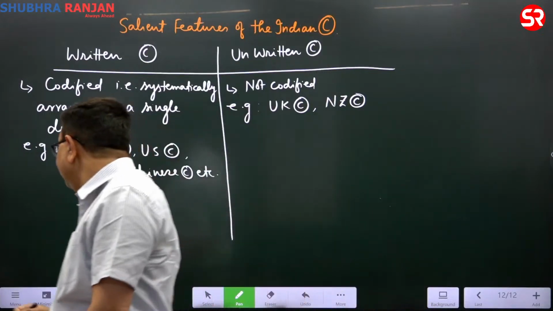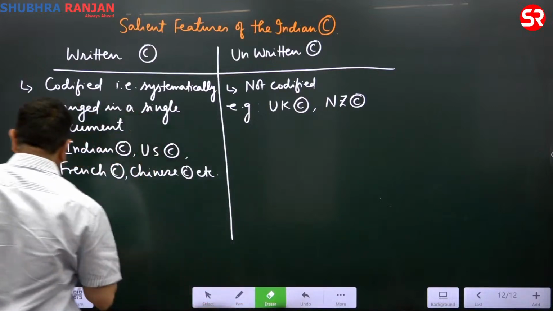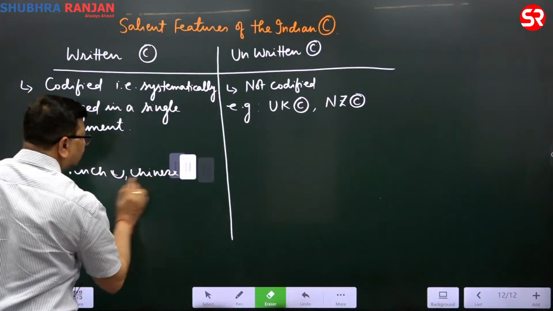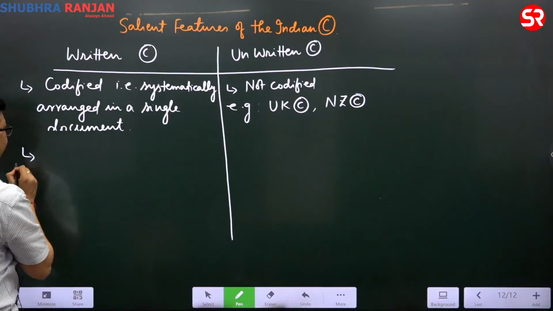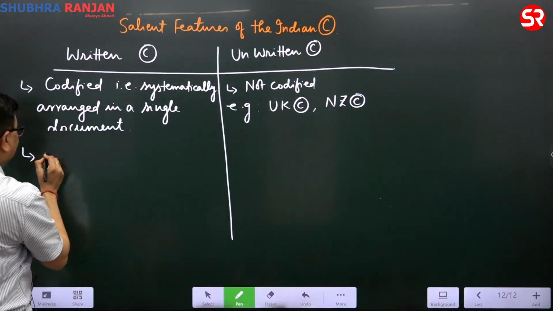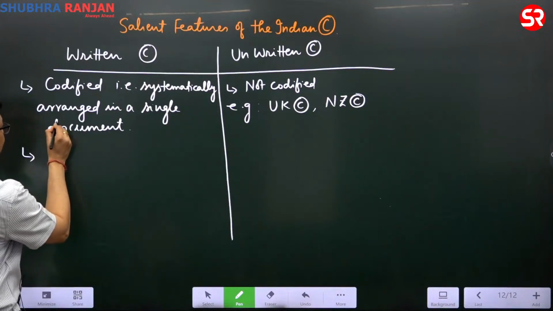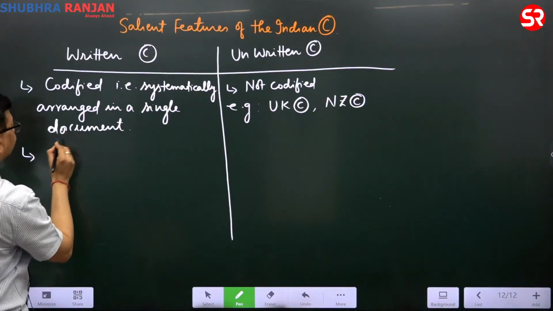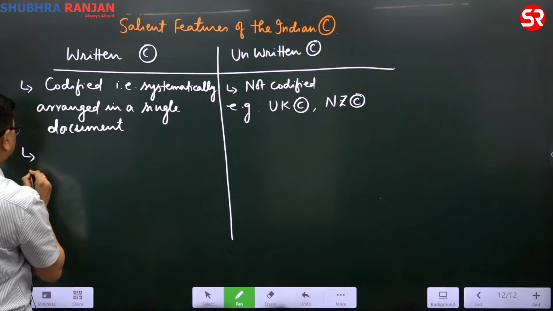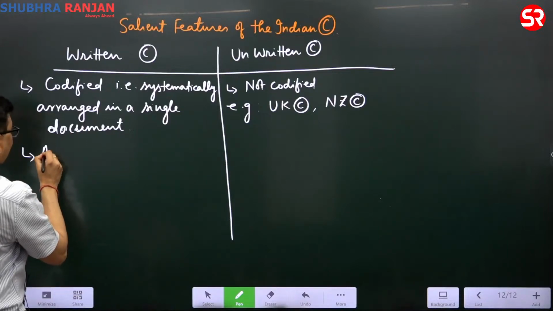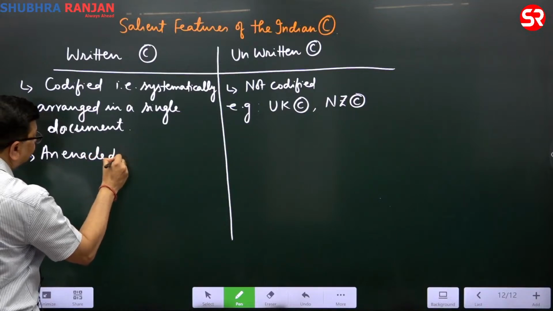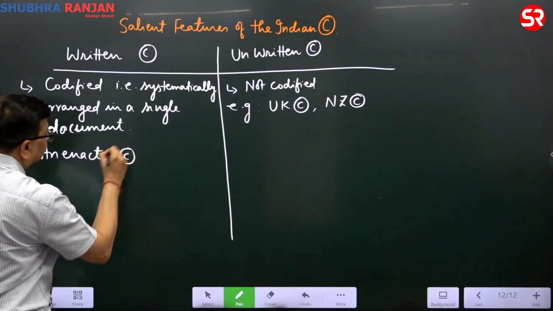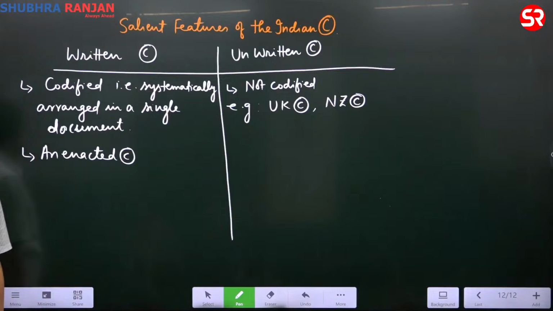Then secondly, the written constitution is an enacted constitution.